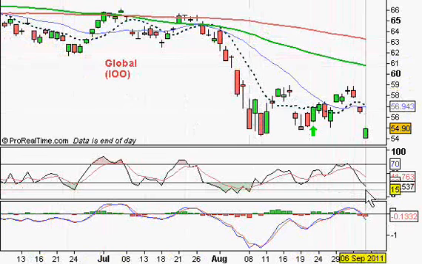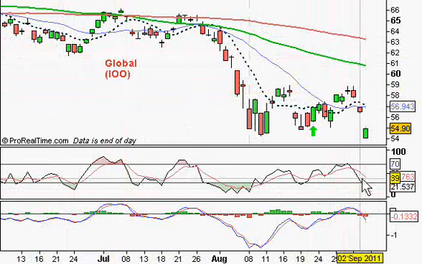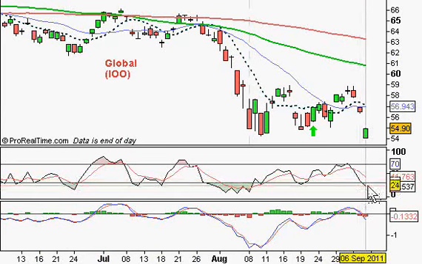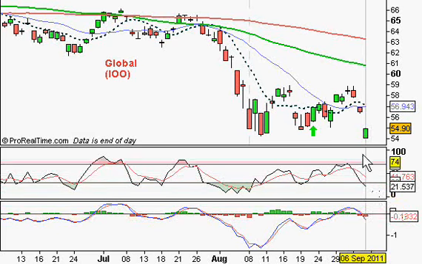Global markets here, IOO. You can see we are now into the oversold area, so we're getting a setup coming. MACD is under, so we're going to be looking for that little green bar popping up. So we'll see how long it takes for this to get a trigger to consider getting in.